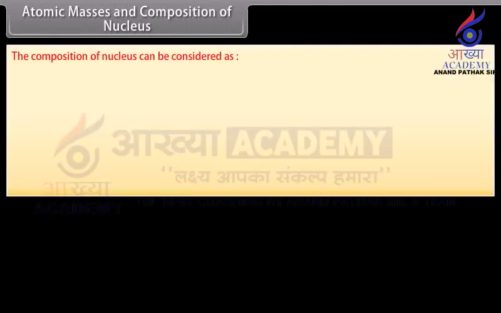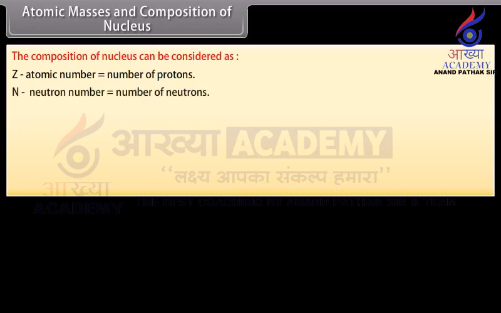The composition of nucleus can be considered as: let Z be atomic number, which is equal to number of protons. Let N be neutron number, which is equal to number of neutrons. Let A be mass number, which is equal to Z plus N, which is equal to total number of protons and neutrons.